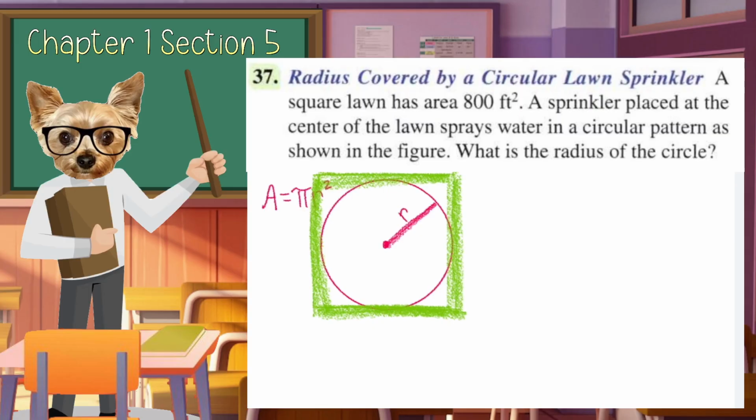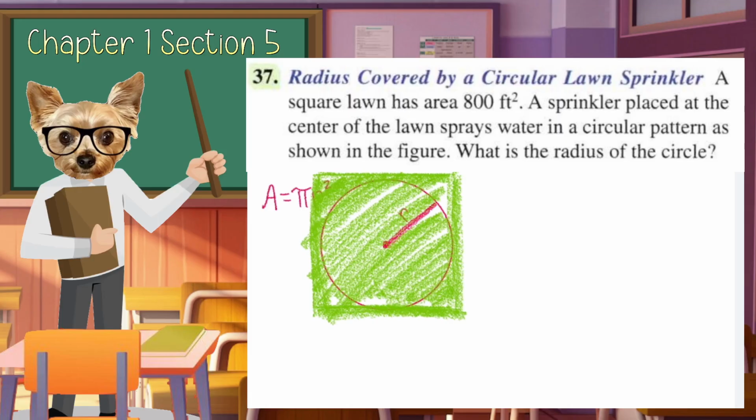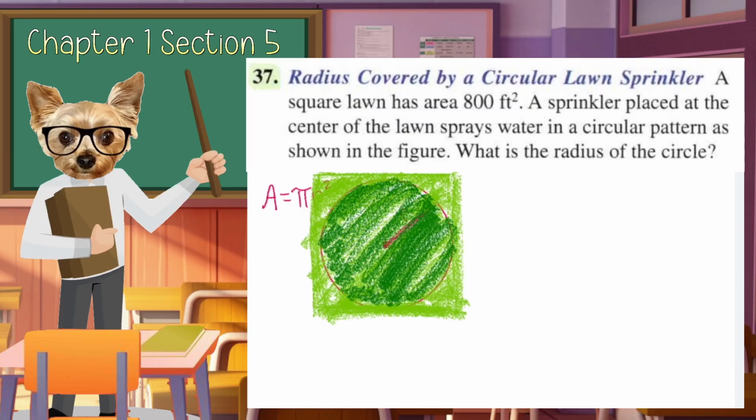So the whole thing, the green, is the lawn, but the only part getting watered is in the circle. And we're trying to figure out what the radius is, and this circle fits perfectly.